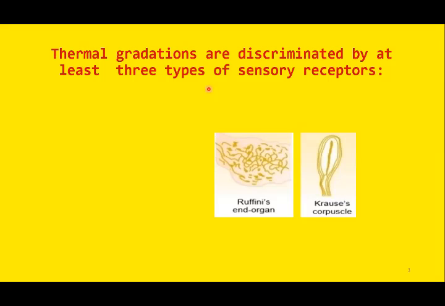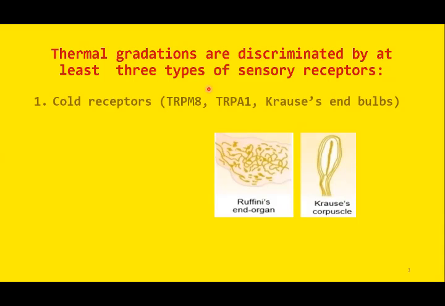So thermoreceptors are a type of mechanoreceptors. Sense of temperature change can be classified as a mechanical change. We can classify these thermoreceptors in three types. Those responsible for detection of cold sensation are labeled as cold receptors.